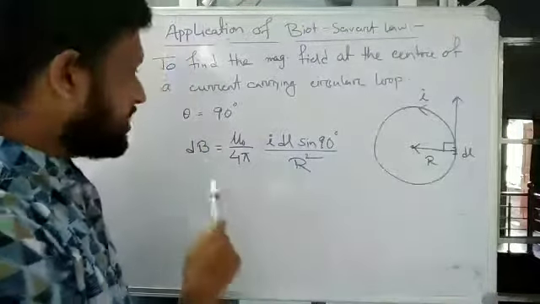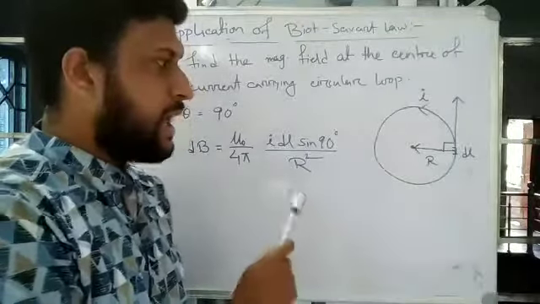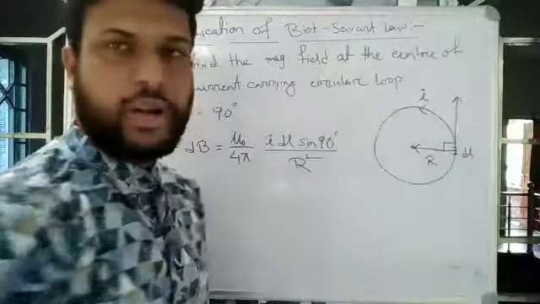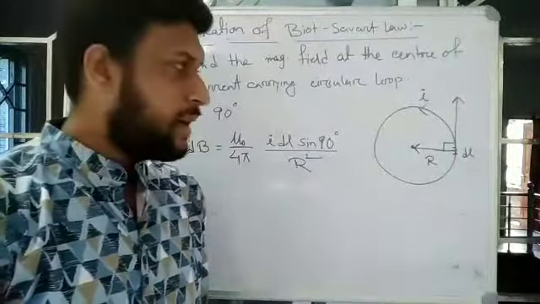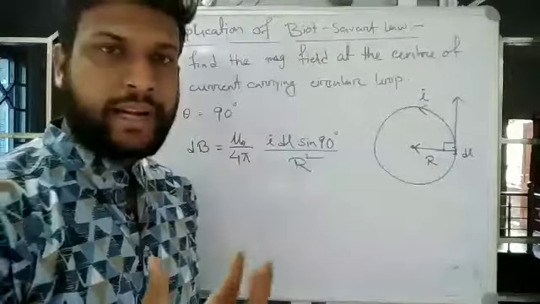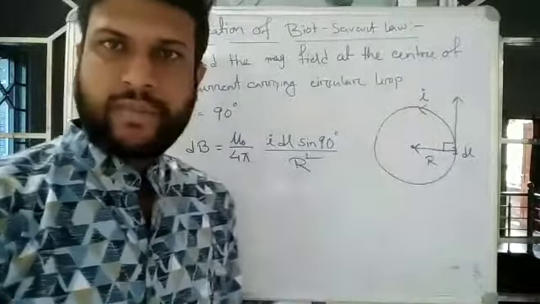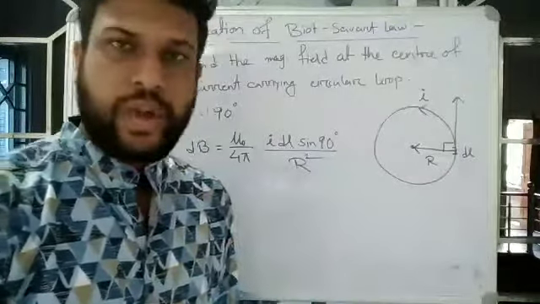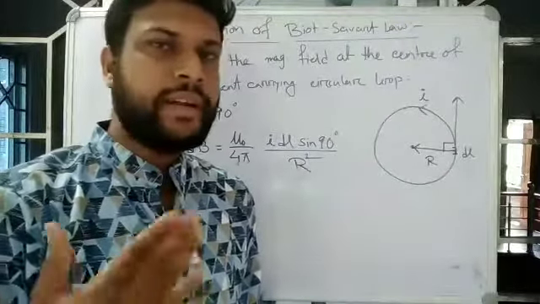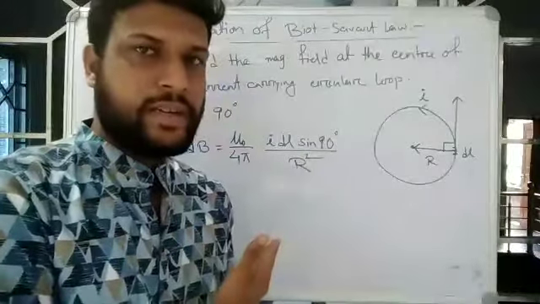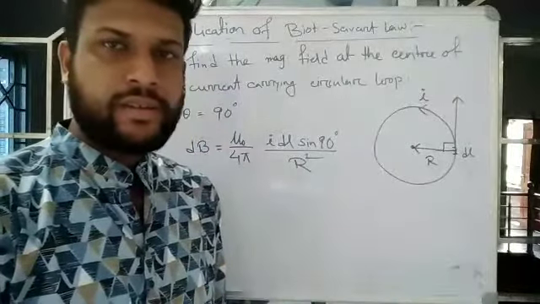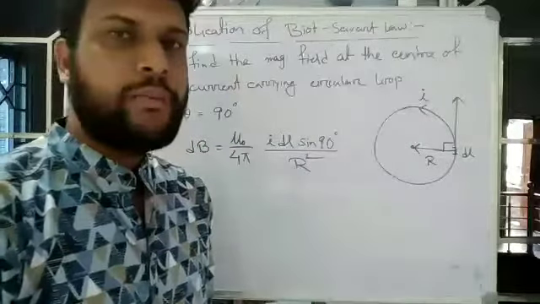Now this is not my result because this is the magnetic field due to this dl portion only. But we are trying to find the magnetic field for the whole wire. So what we have to do is integrate dB so that we can have the total magnetic field.